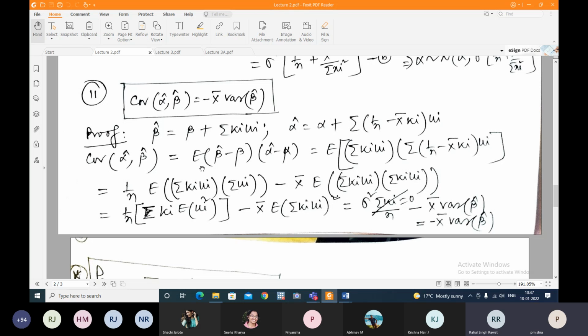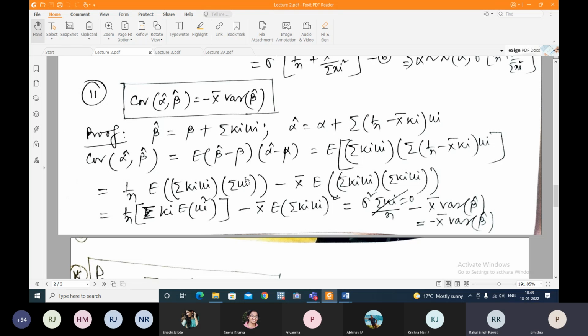And then we need to multiply it. Remember, when I am multiplying it, just take an example. Suppose this part is K1 U1 plus K2 U2 and this part is U1 plus U2, and multiply the two.